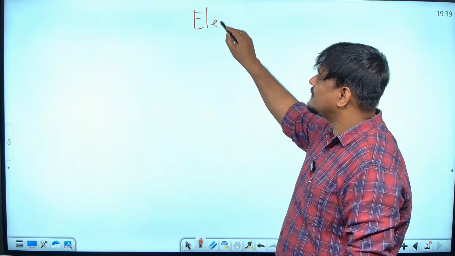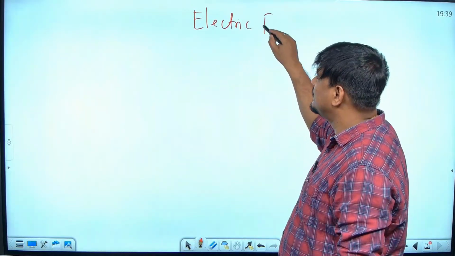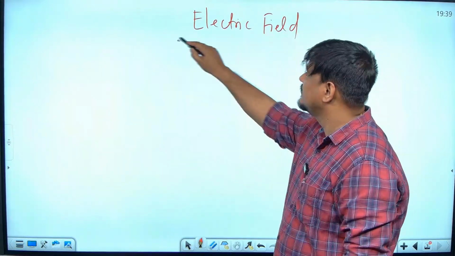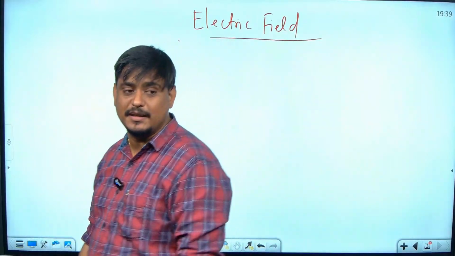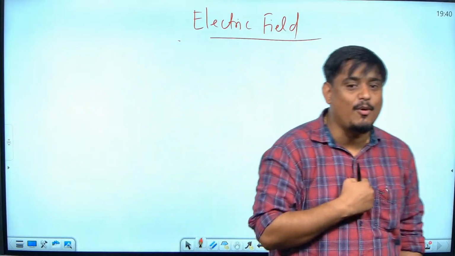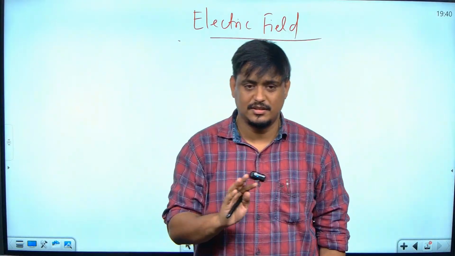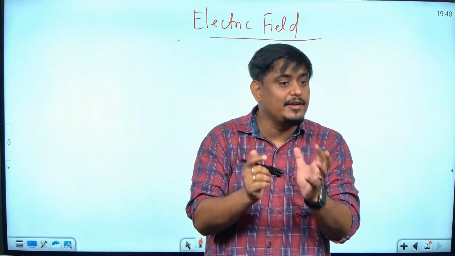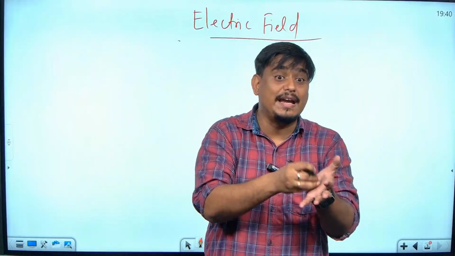If you fail to understand this topic, then this chapter itself will be blank for you, because, I told you on the first day of the class, this chapter is all about finding electric field only. Ultimately, we are learning Coulomb's force itself to find the electric field.